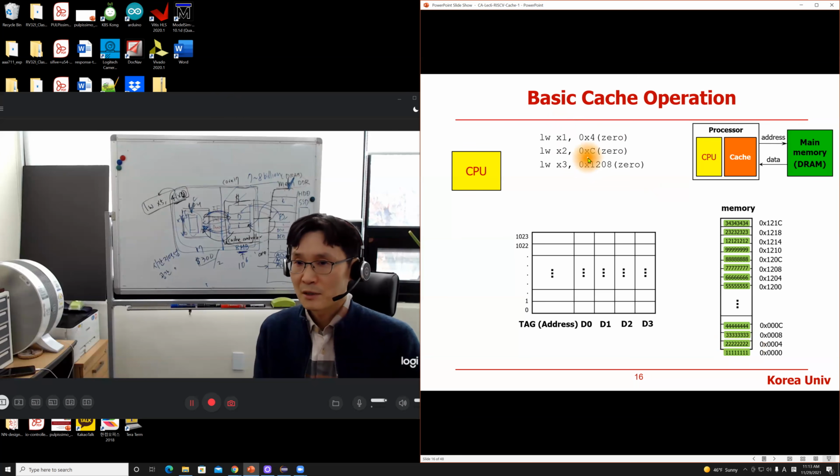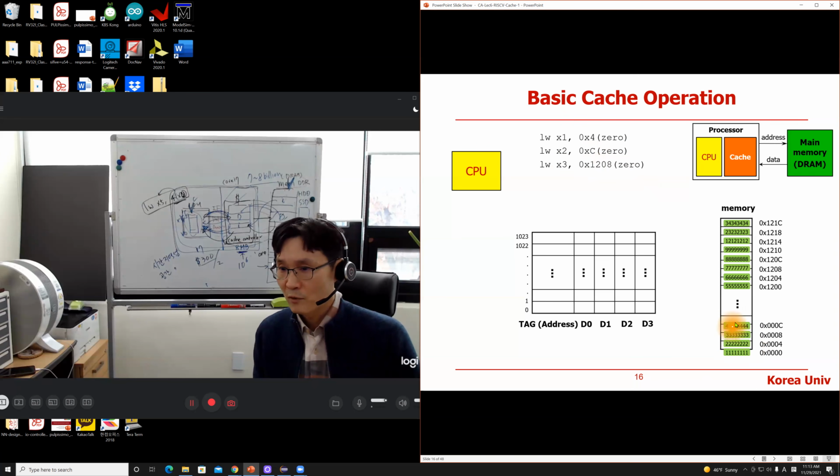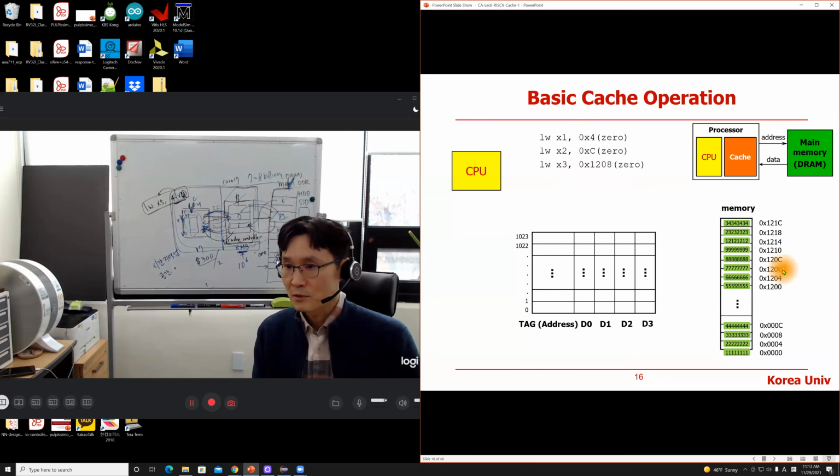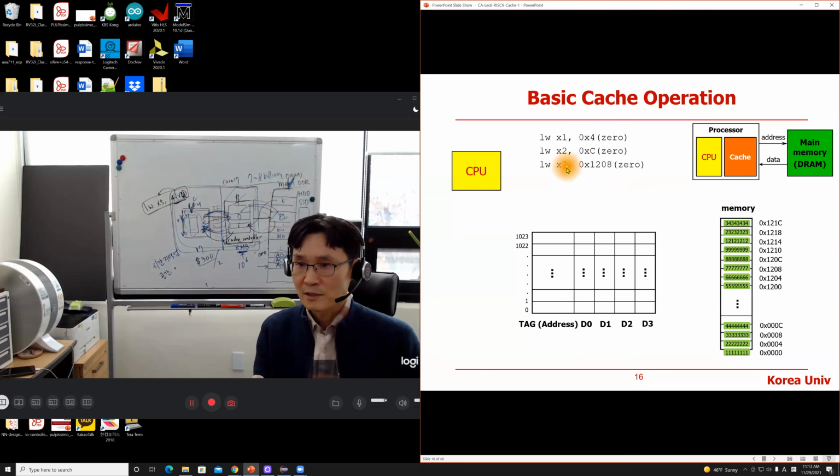Second instruction, read from memory location C. See, you have 8 fours. That should be placed into the X2 register. The last one, location 1208. 1208, this one. So 8 sevens, right? And place it into the X3 register.